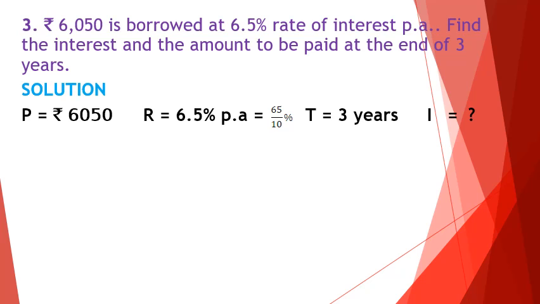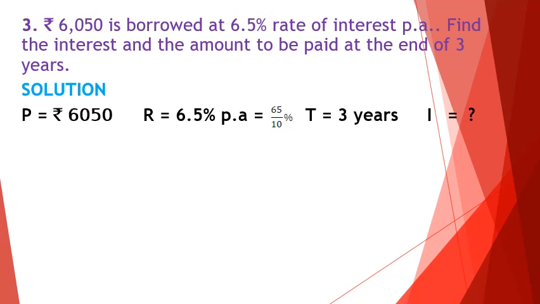That is our principal. And what is rate of interest? 6.5%. Here it is given in decimal, so we can write 65 upon 10%. What is the time period given? Paid at the end of 3 years. That means T equal to 3 years. We have to find I, simple interest, and amount A.